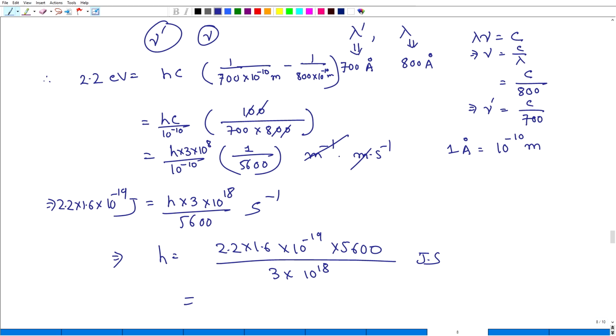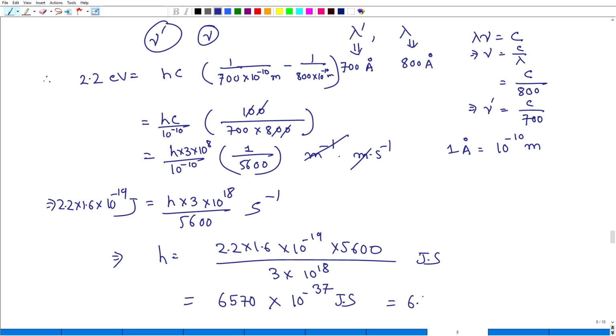What will be the value? Let me calculate: 2.2 into 1.6 into 5600 divided by 3. It's 6570 into 10 to the power 1837 joule second.